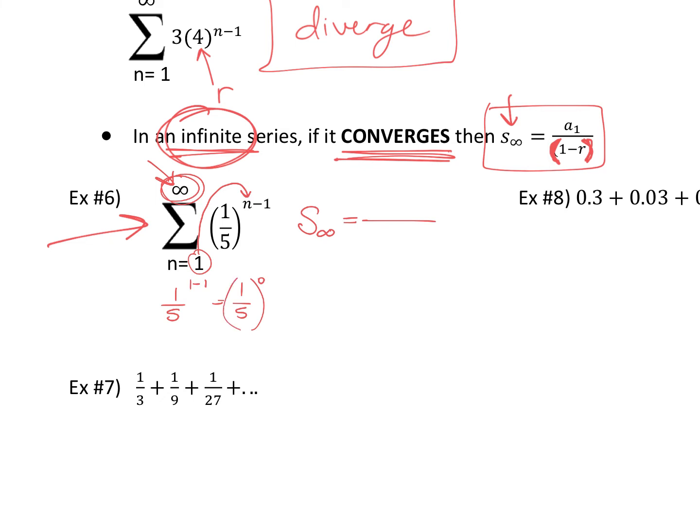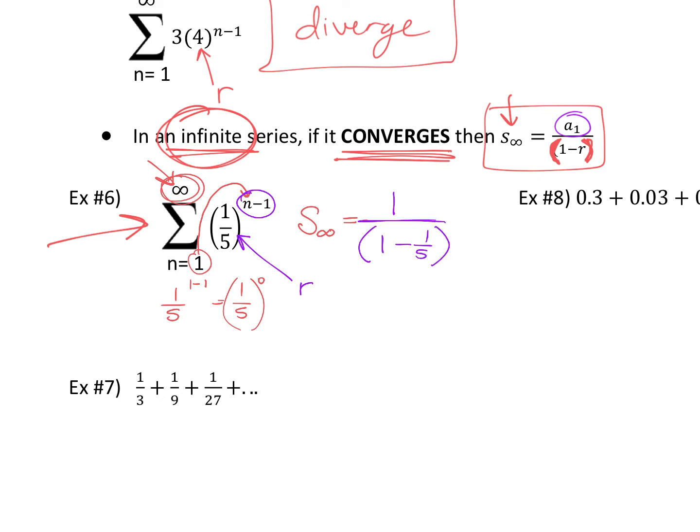What is anything to the 0 power? It's 1, right? So I get a 1 on top for my a sub 1. On bottom, it's going to be 1 minus, what's my r? It's the 1/5. This number is your r. Whatever is taken to the n minus 1 power is your r, okay, every time. So this is 1 minus 1/5.